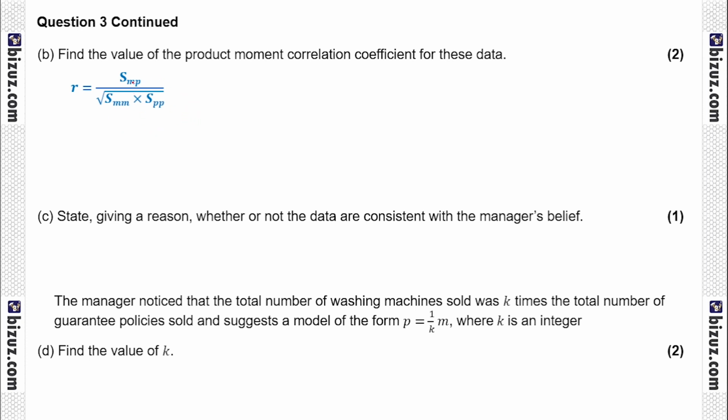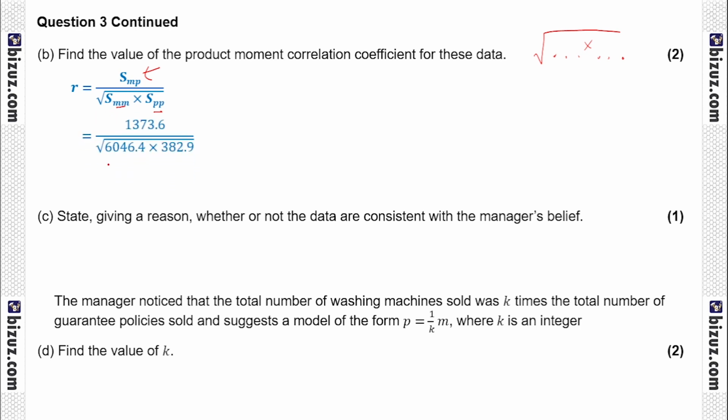This is how I like to remember it: you have your mixed summary statistic at the top in the numerator, divided by the geometric mean, which is the square root of the product of two or more things. So this is divided by the square root of the product of the pure summary statistics, the ones which only have one variable in them.